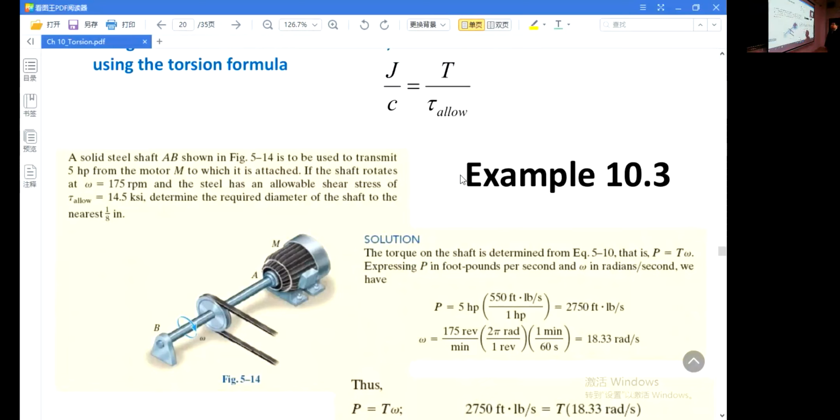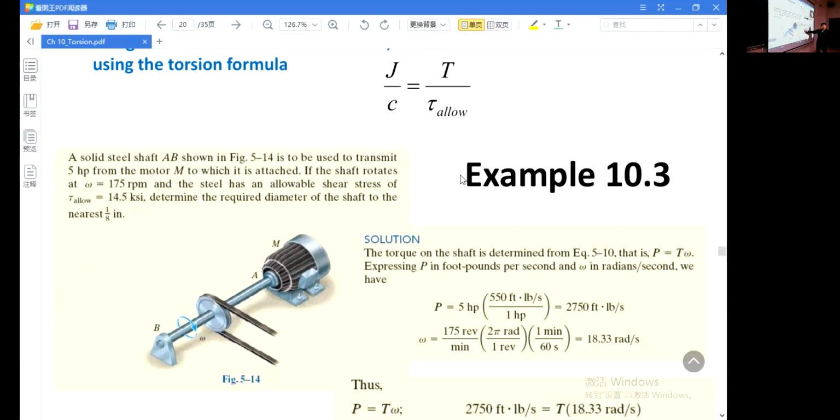If the shaft rotates at omega is 175 RPM, and the steel has an allowable shear stress of 14.5, determine the required diameter of the shaft to the nearest 1/8 inch.